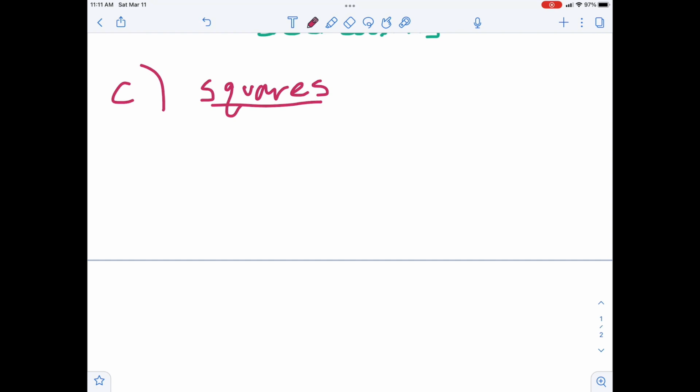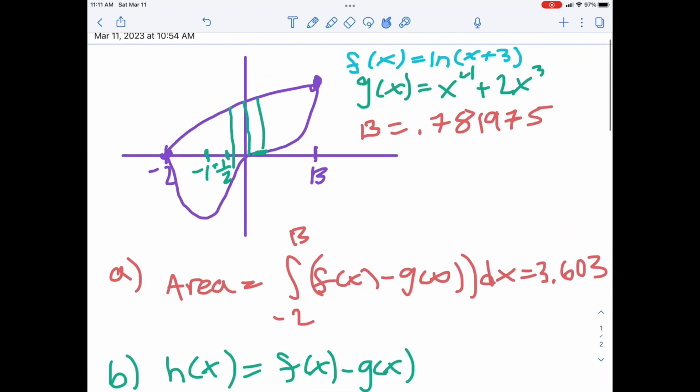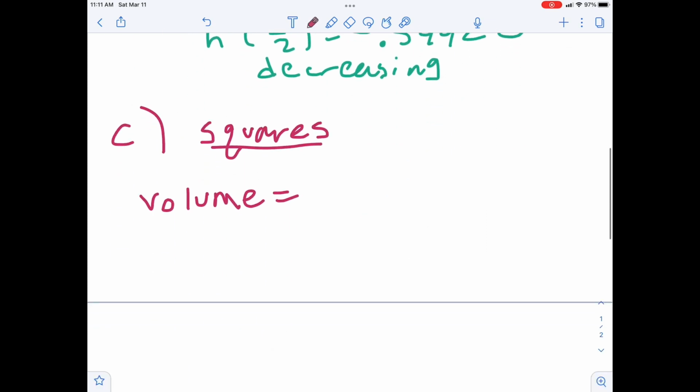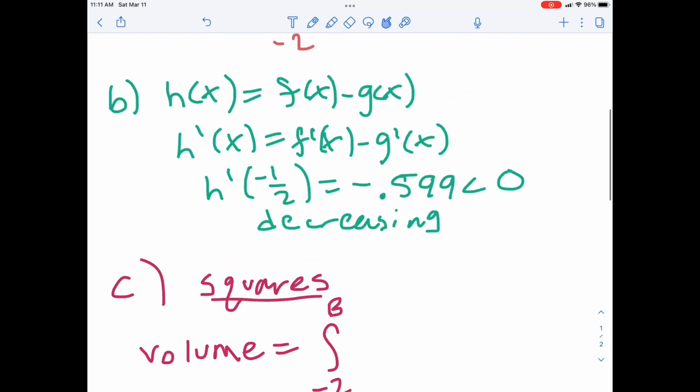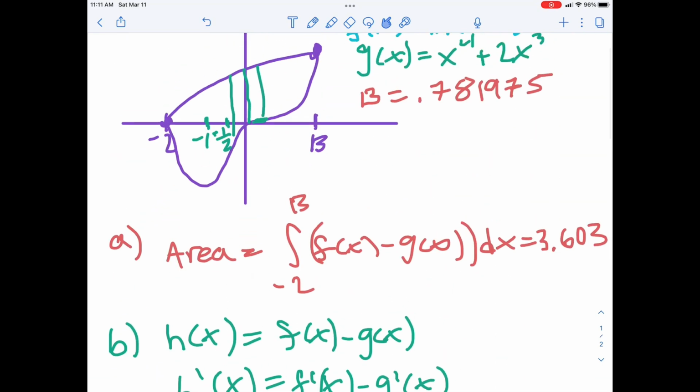And so we know that the volume is, well, it says it's perpendicular to the x-axis, so my limits of integration are going to be my points of intersection, the x values, which are -2 and b. So therefore, this is the integral from -2 to b. And then if they're squares, that makes it super easy because it's just the distance between these two curves squared.